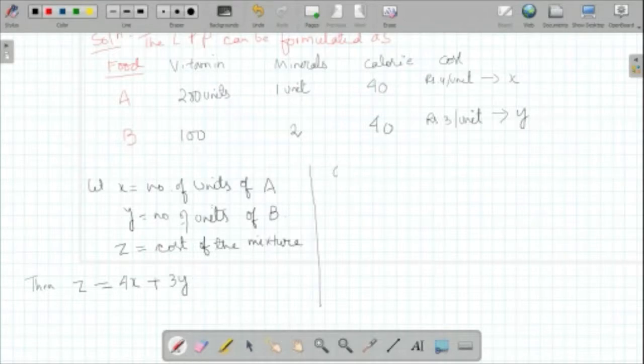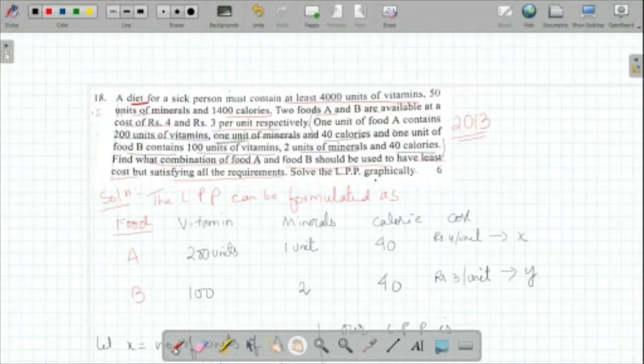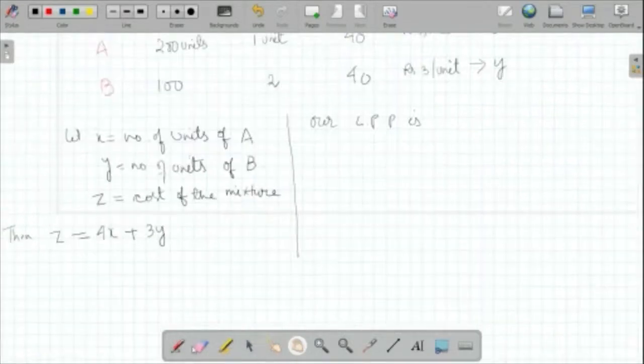So now our LPP is: we have to have at least cost, so the problem is one of minimization.